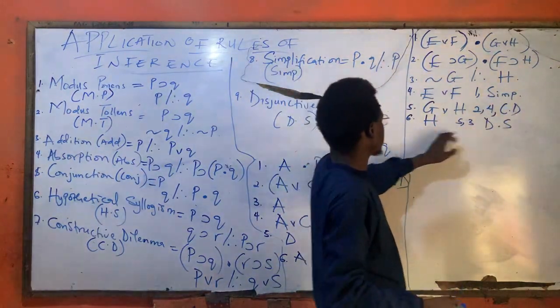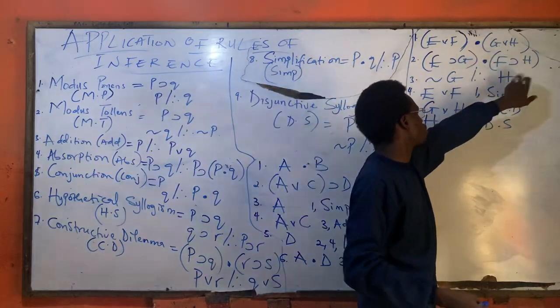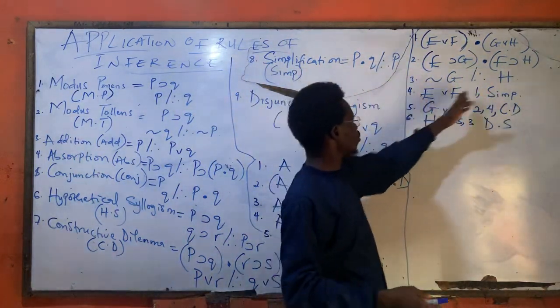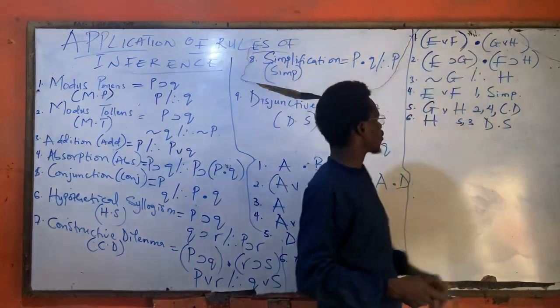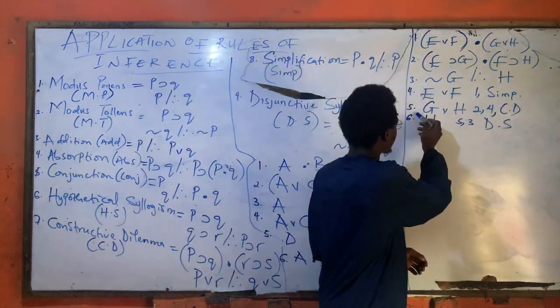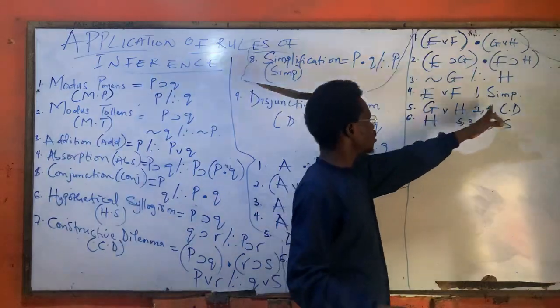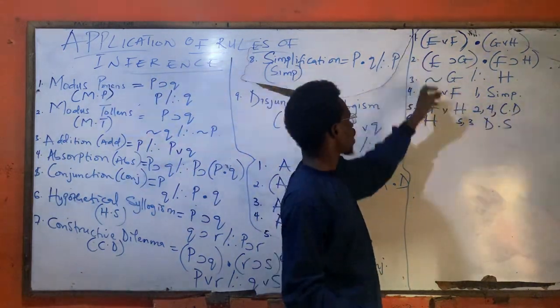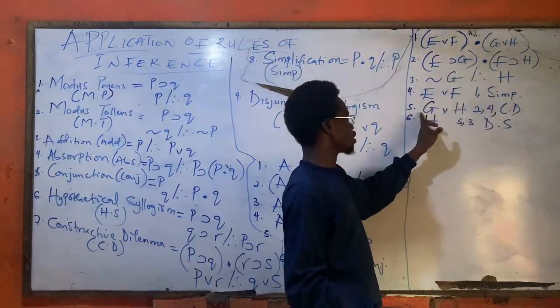So you can see that we've already arrived at our conclusion. Our line 4 is simplification of line 1. Our line 5 uses constructive dilemma between line 2 and line 4 to get this.